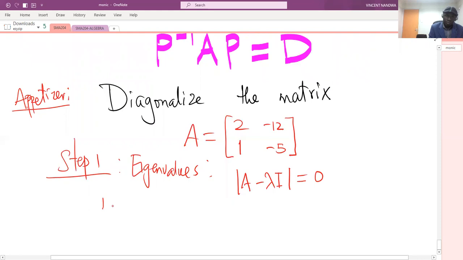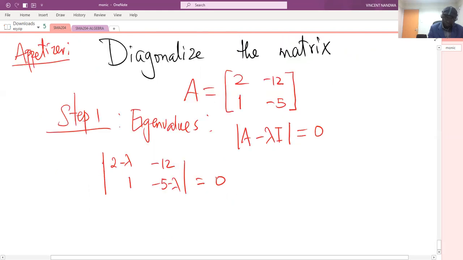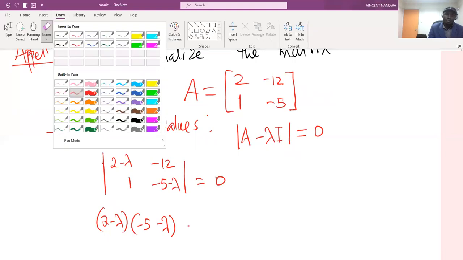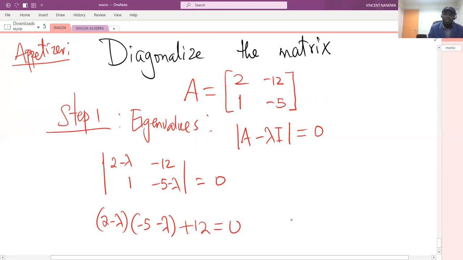So we'll have the determinant of 2 minus lambda, minus 12, 1, minus 5 minus lambda, equals 0, which will give us 2 minus lambda times minus 5 minus lambda. Then actually this will be plus 12, equals 0.